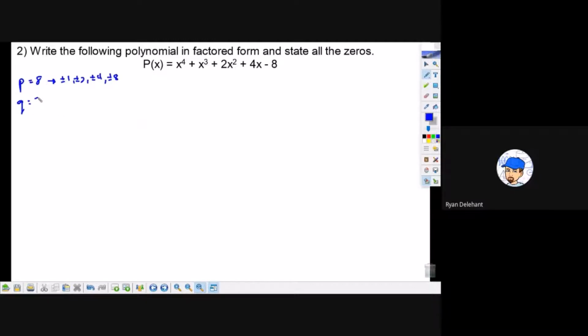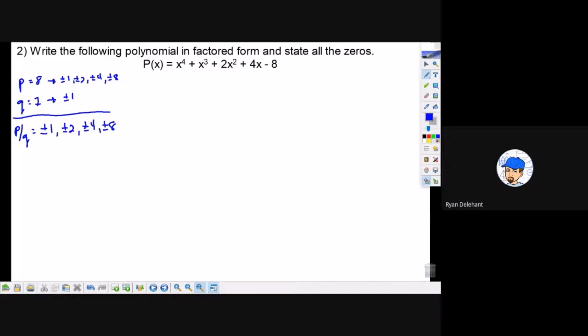And Q is 1. So this is just plus or minus 1. So if we look at our possible rational zeros, that P over Q list, since everything's just divided by 1, it's just P. So 1, 2, 4, and 8, all with positive and negatives. So that should be where our rational zeros lie.